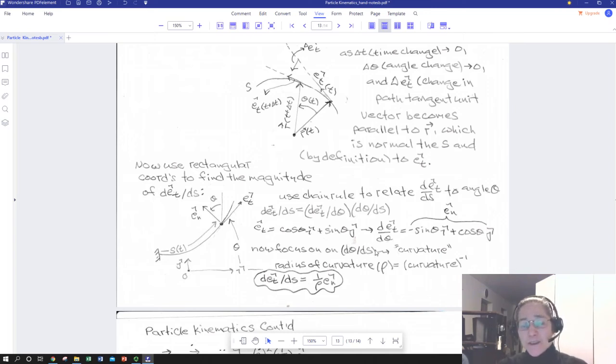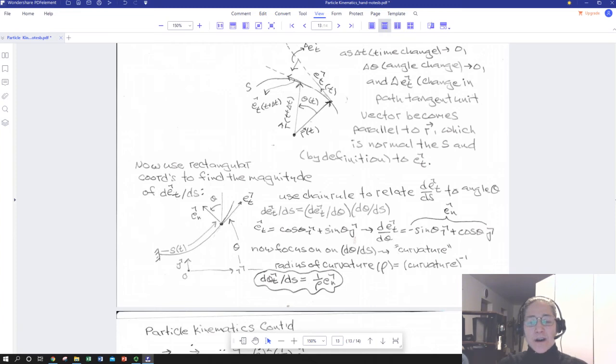It's coming from this d theta ds term that came from leveraging a Cartesian expression relating tangent and normal, the same way we did when we related radial and theta direction unit vectors for polar cylindrical. So rather than having an r expression, we have a radius of curvature.